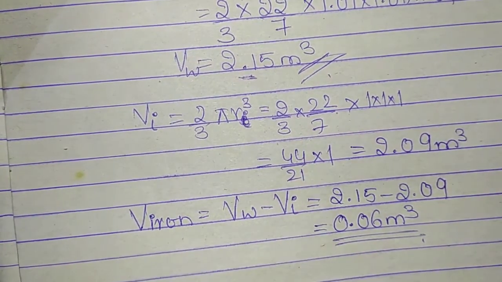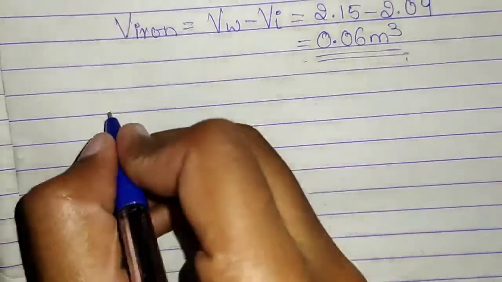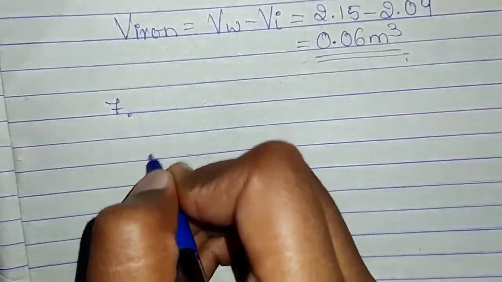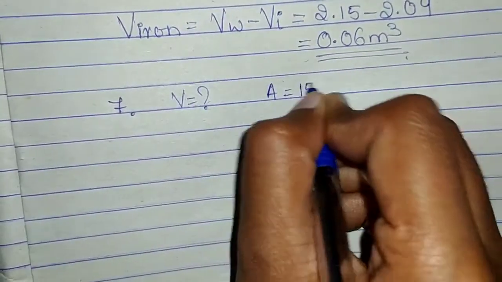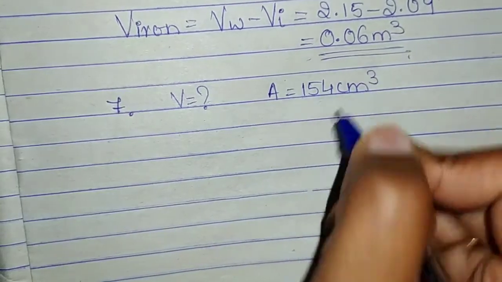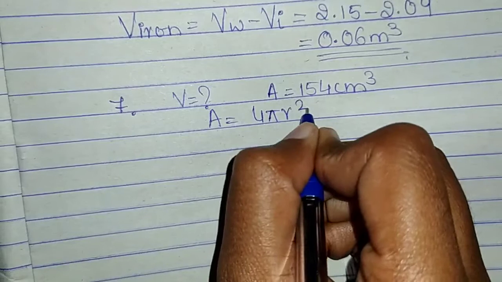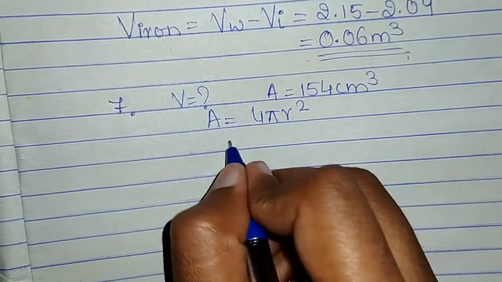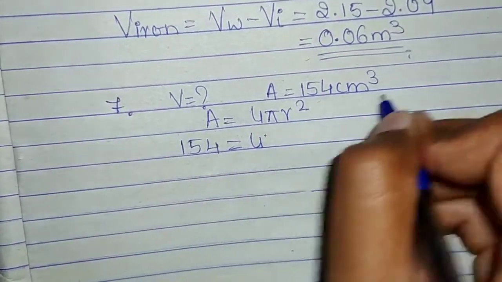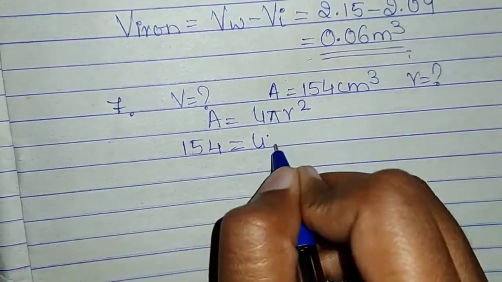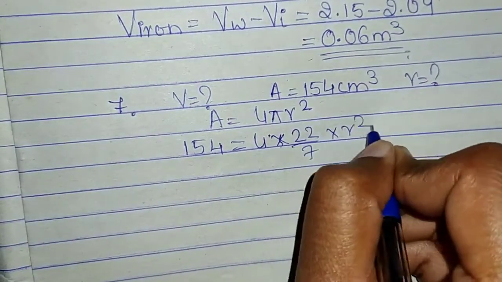In the 7th question, they have asked us to find the volume of a sphere whose surface area is 154 centimeter square. We know that the area of a sphere is 4 pi r square. So since it is 4 pi r square, the area is 154. To find the radius, 4 into 22 by 7 into r square.